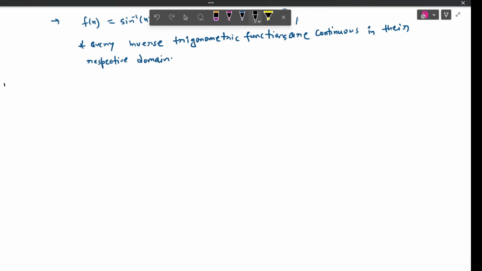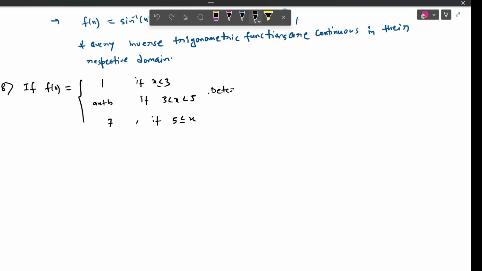Okay. Let's say f of x equals 1 if x is less than or equal to 3, ax plus b if 3 is less than x less than 5, and 7 if 5 is less than or equal to x.